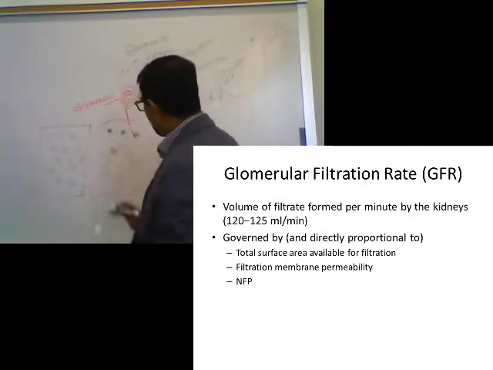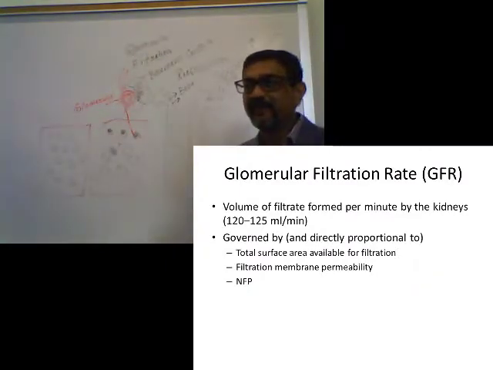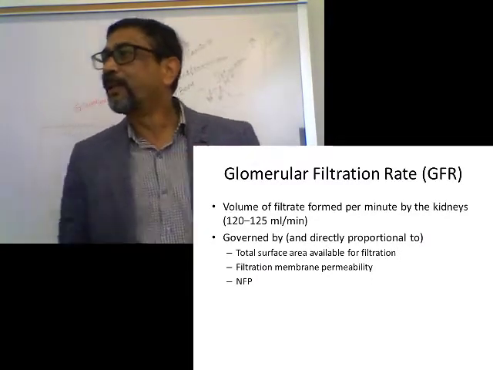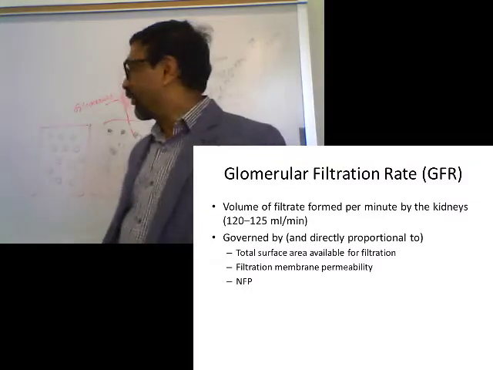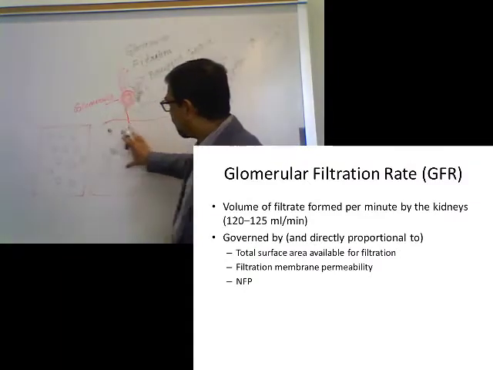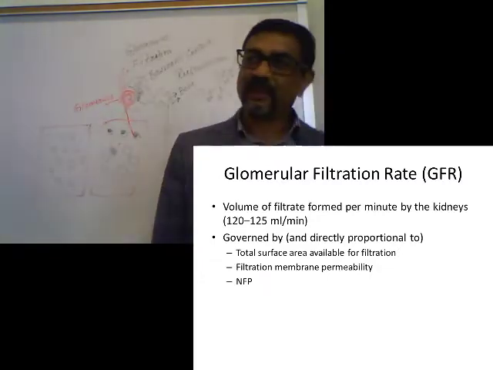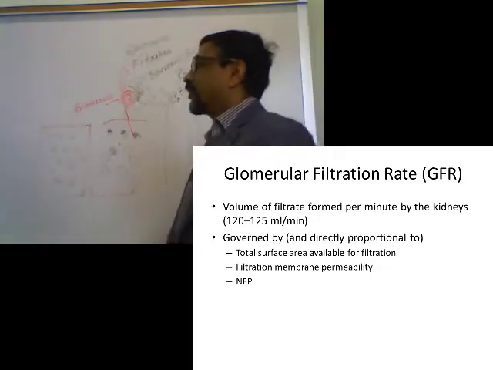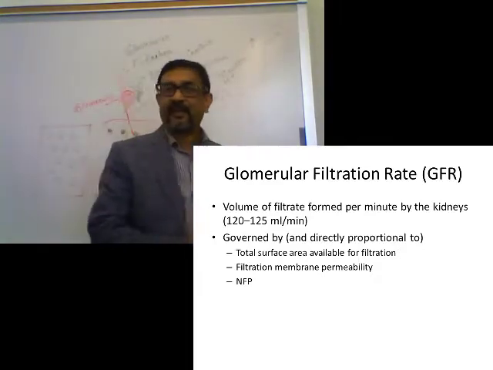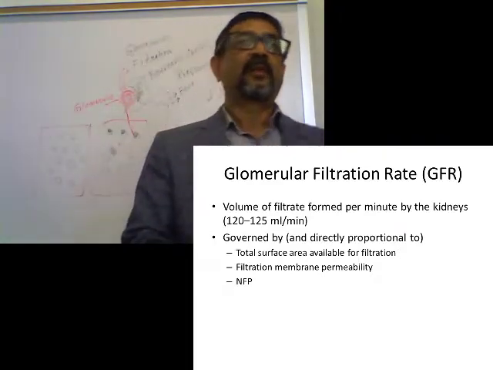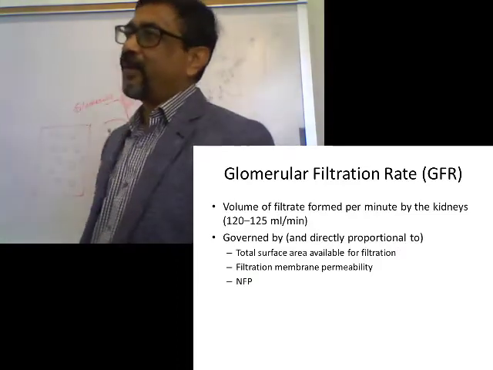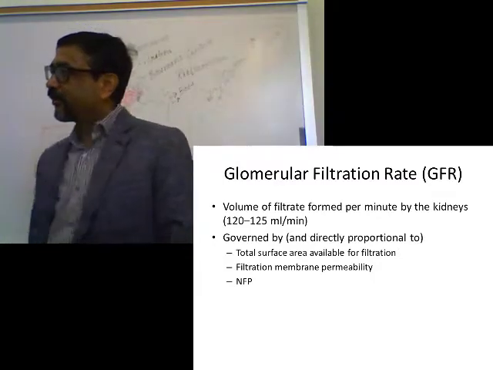Some are open or some are partially open. Make sense? That can happen. The quality of the capillary wall can be changed, and in that case filtration will occur more through the healthy one, less through this one. So not only the size of the surface area is a matter, the quality or the permeability of the membrane is also important.